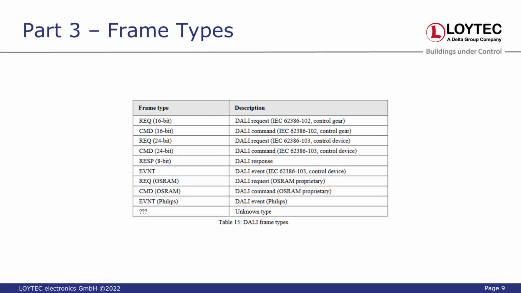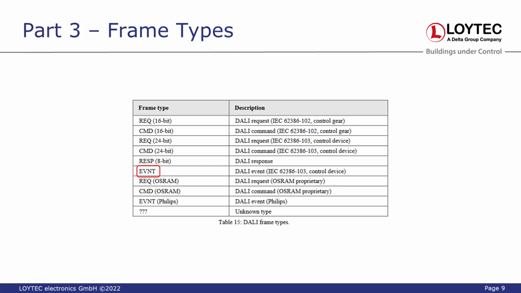Before we continue with the DALI Protocol Analyzer, let's make a quick detour on what kind of frames exist in DALI. The most common frame lengths in DALI are 8-bit, 16-bit, and 24-bit. 16-bit frames can either be requests or commands used for control gears, also known as ballasts. 24-bit frames can also be requests or commands and are used to communicate with control devices, for example, sensors. 8-bit frames are answers to requests, for example, the request query actual level sent to a ballast.